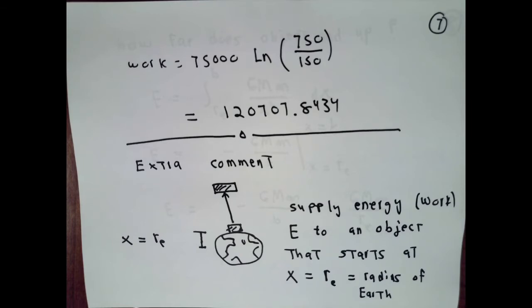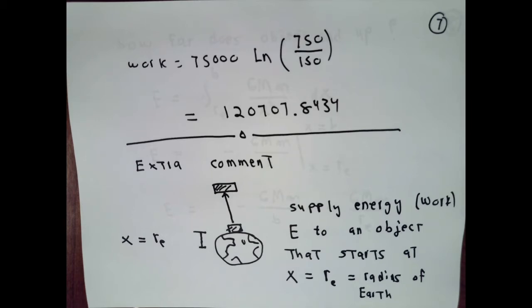I want to add in an extra topic here. I want to imagine that I have an object that's sitting on the surface of the Earth. Its initial distance x from the center of the Earth, I'll call r sub e for radius of Earth.